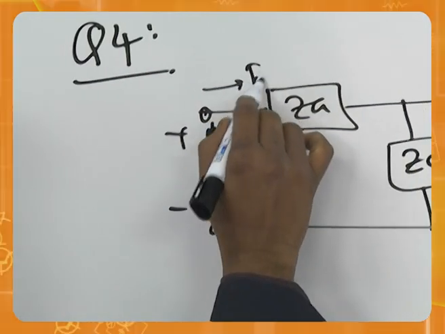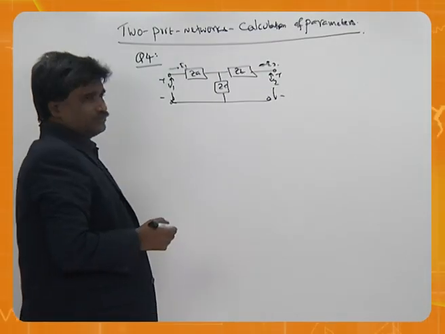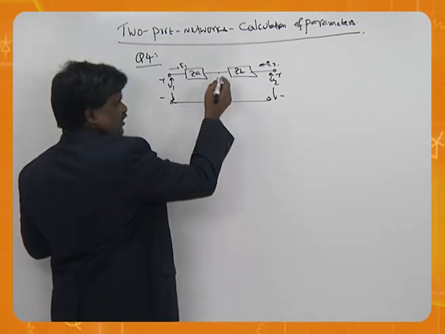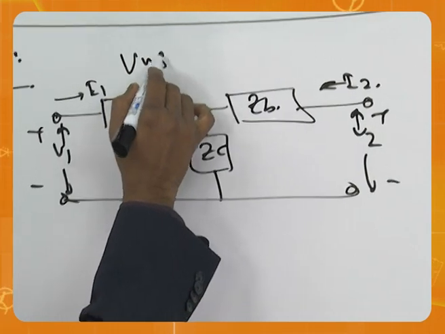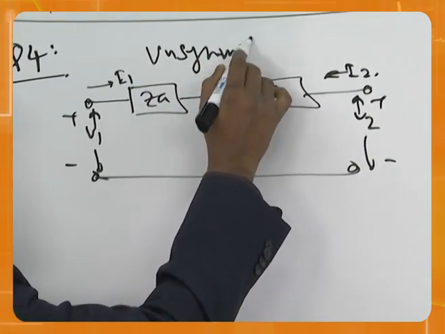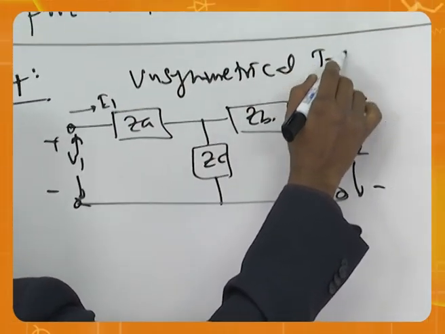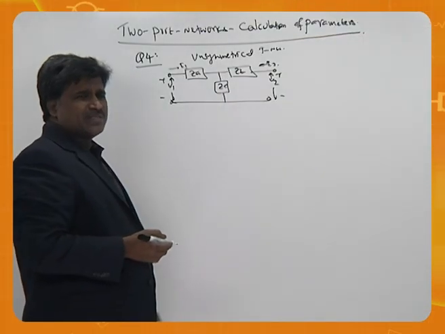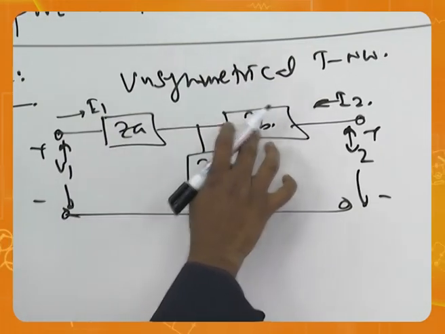This is I1. Okay. Now what will happen is, this is called an unsymmetrical T network. Why is it called unsymmetrical? Because these two are not equal.